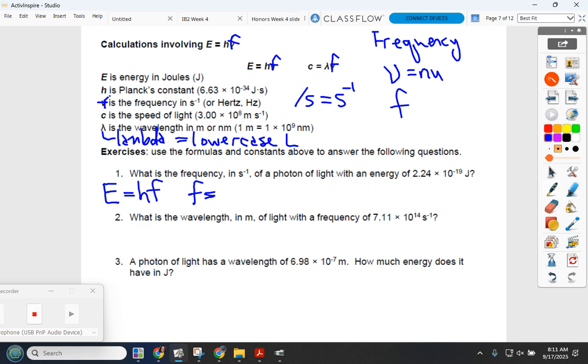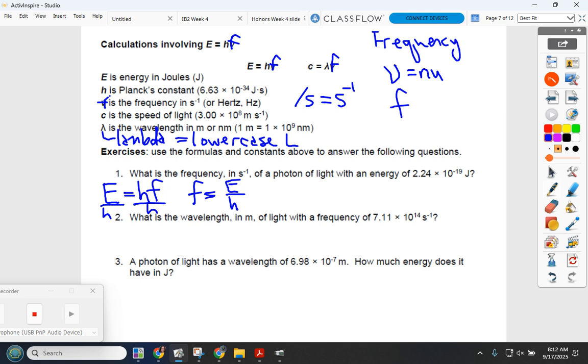Yeah, so I'm going to divide both sides by h. So I can do whatever I want in this equation to move things around as long as I do the same thing to both sides, whether it's adding and subtracting, multiplying or dividing. Okay, so f is going to be equal to E over h. Now, you could also just plug things into E equals hf and then move the numbers around instead of moving the variables around. Whatever makes the most sense to your brain.